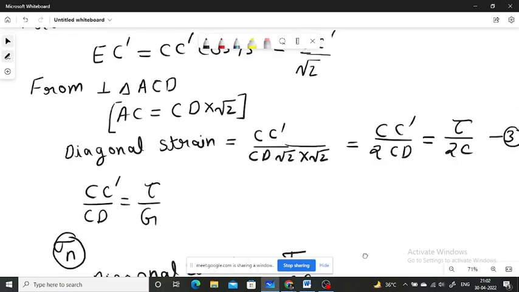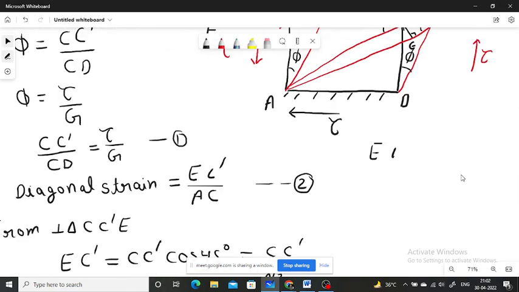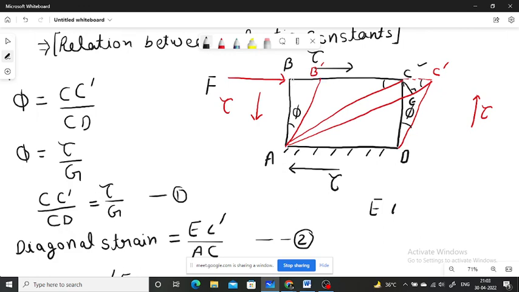Here the stress in the diagonal BD is compressive and the stress in the diagonal AC will be tensile.